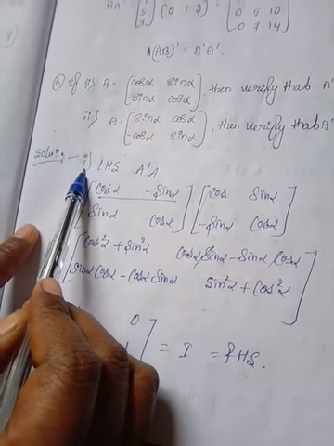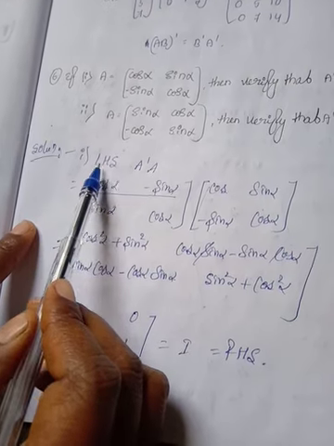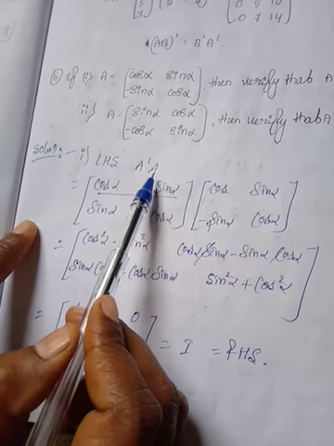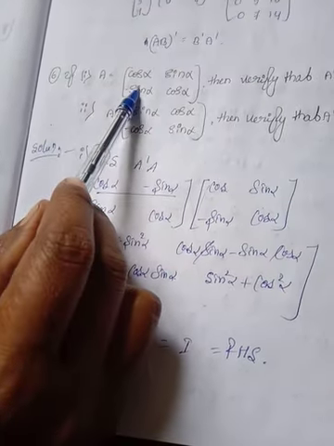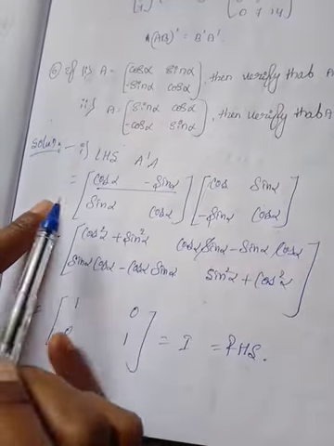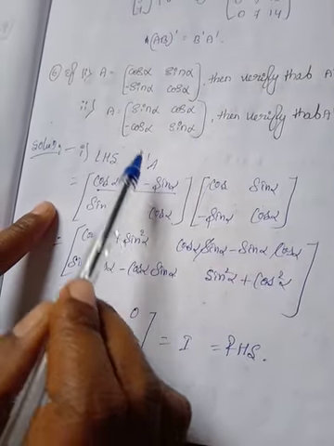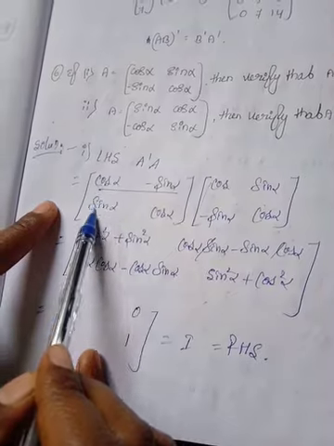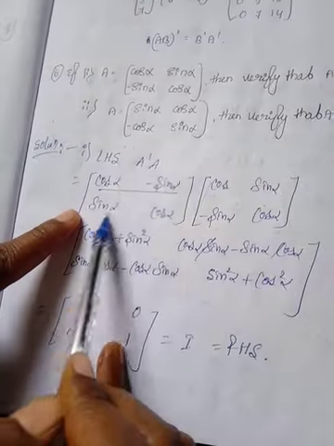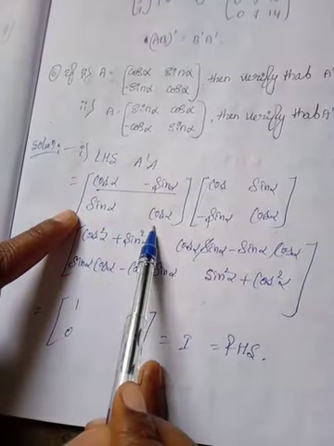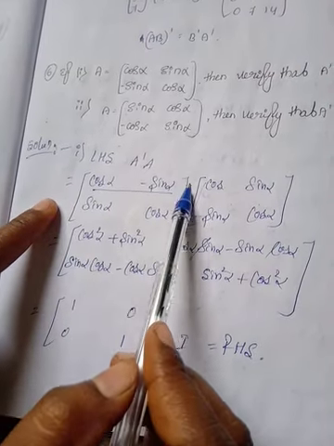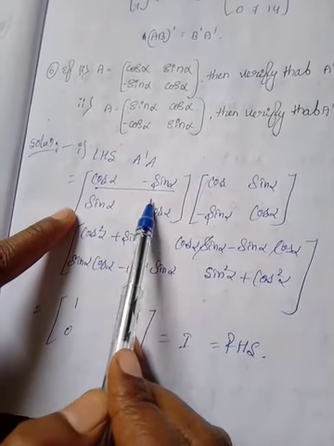Solution of the first one: consider LHS. LHS is A transpose into A. This is your A matrix. A transpose means change rows into columns. That is cos alpha, sin alpha, minus sin alpha, cos alpha. Rows into columns. This is your A transpose.